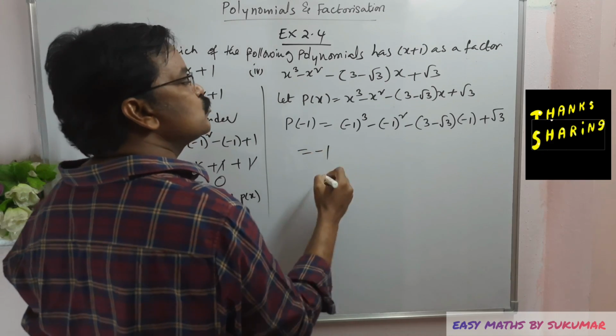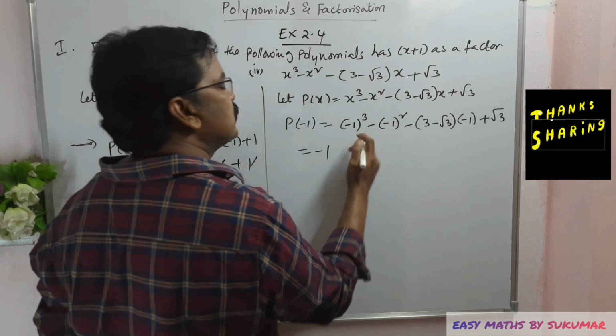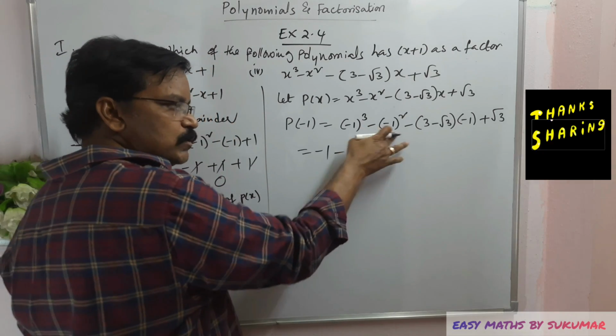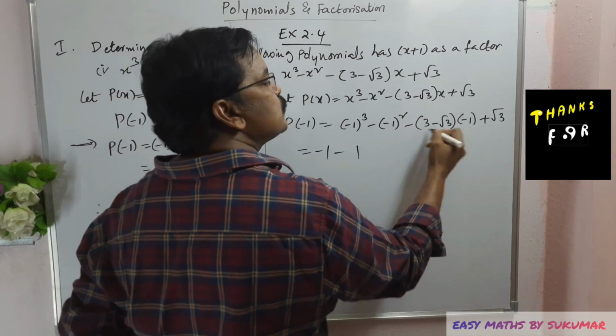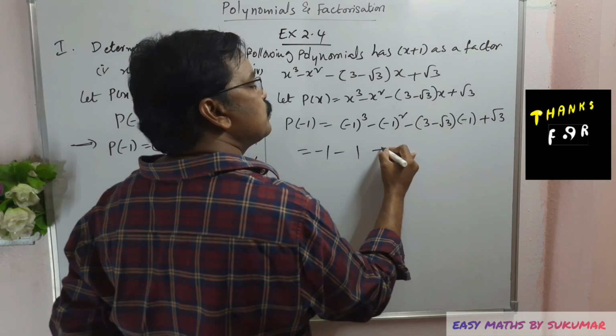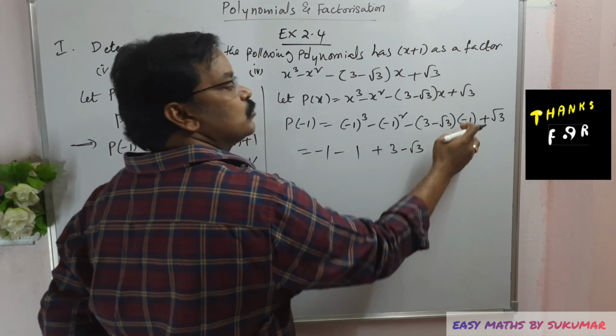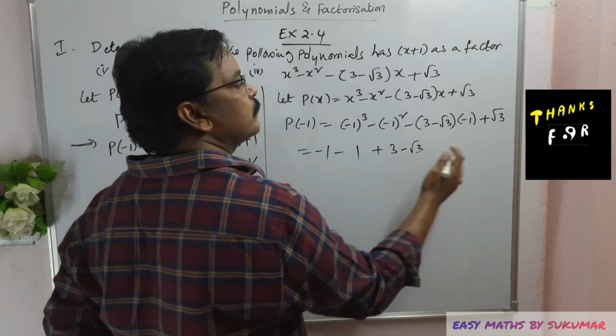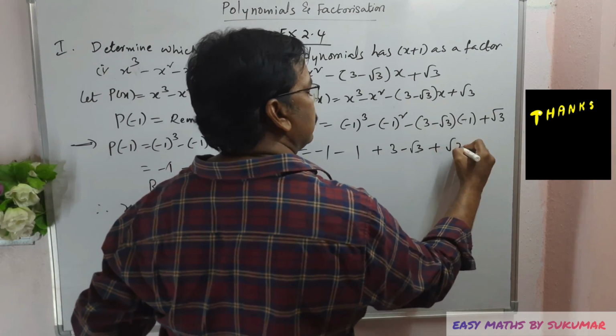Minus 1 whole cube is minus 1, minus of minus 1 whole square is minus 1. Let us multiply with the minus now: minus into minus is plus, plus of 3 minus root 3, right, plus root 3.